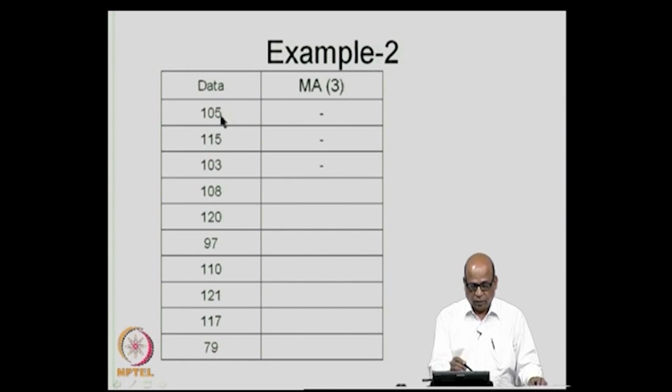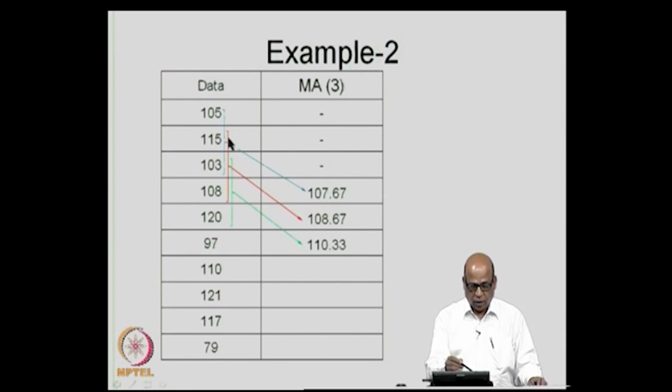So, for the first 3 time periods, 105, 115 and 103, we take the average of that and call that the forecast for the next time period, 106.7. Similarly, when we go to the next time period, we discard the first value and take the average of these 3 values, 115, 103 and 108, and call it the forecast for the next time period, 108.67.